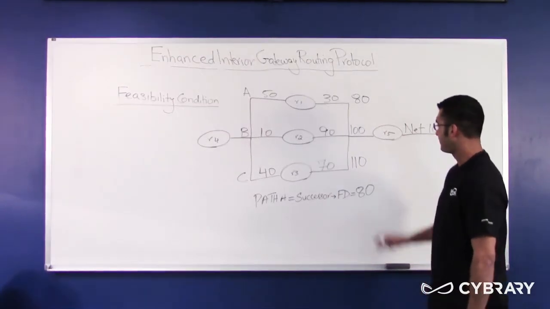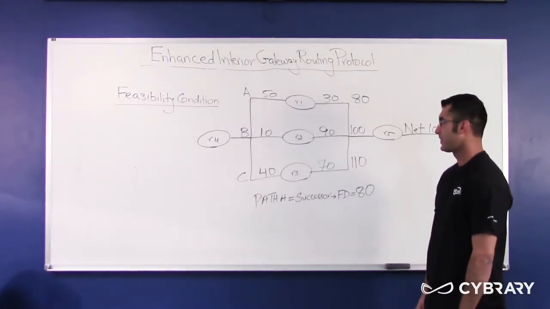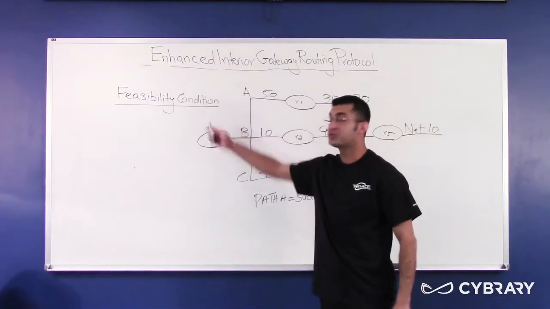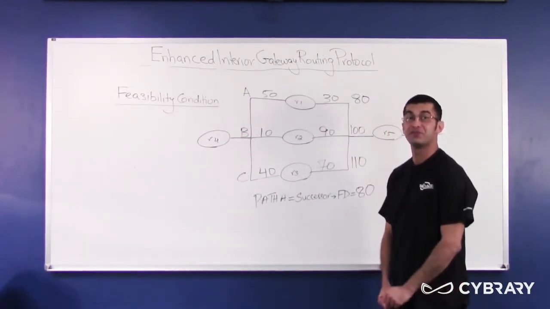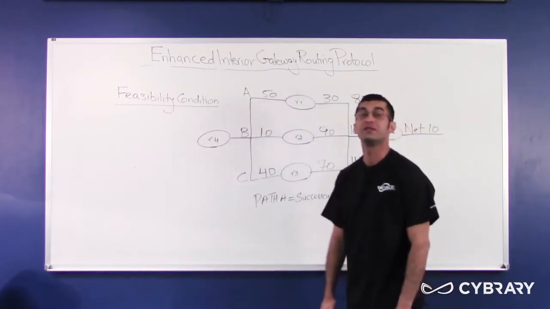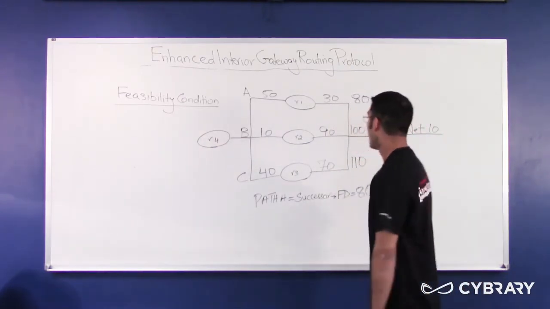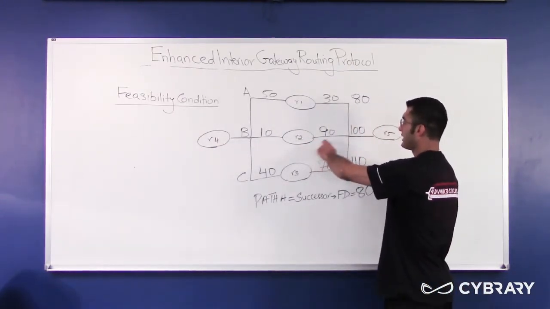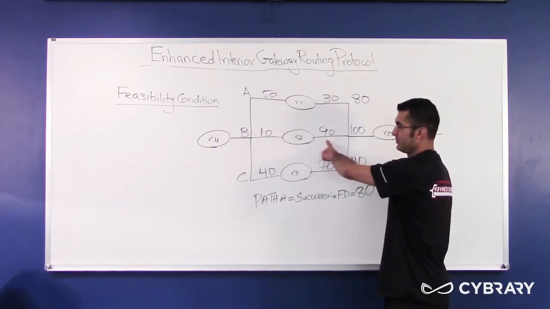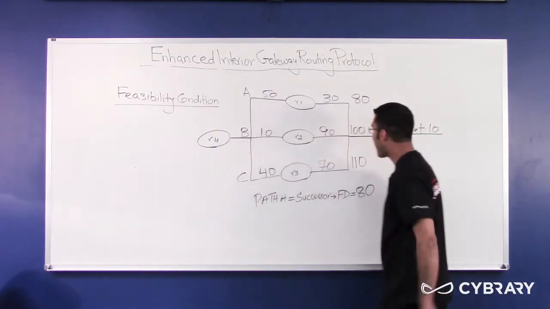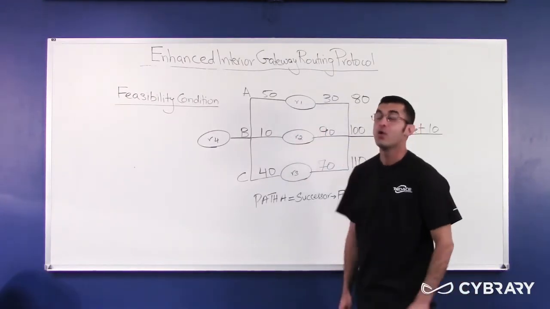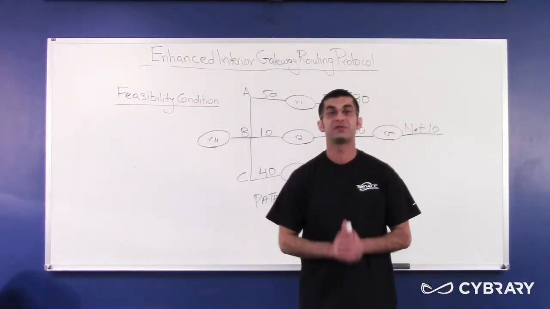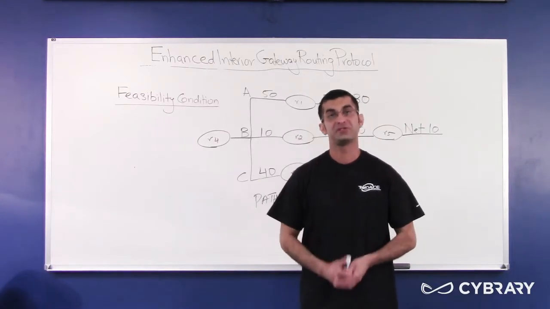Well, my feasible distance is 80, and the feasibility condition states that my reported distance must be less than my feasible distance for the route to be installed in the topology table. Over here, router 2 is reporting a distance of 90 to router 4, which is higher than my feasible distance. So path B won't even be considered for installation in the topology table.